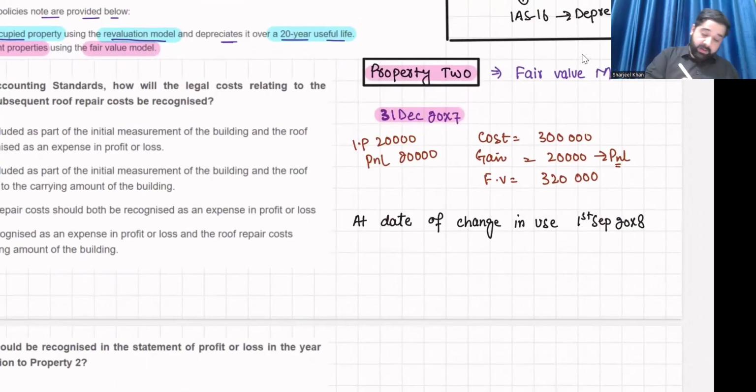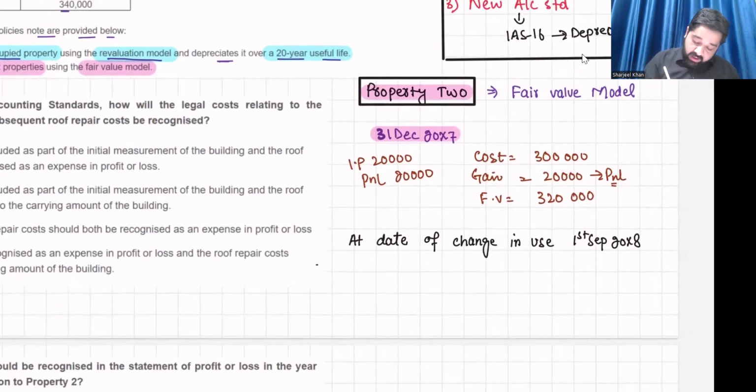337,000. Now, the first step, revalue. So if you look, the fair value at the year end is 320,000, and at the date of change in use, it is 337,000.